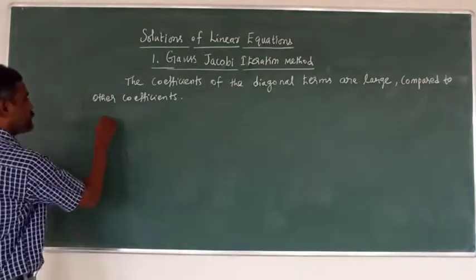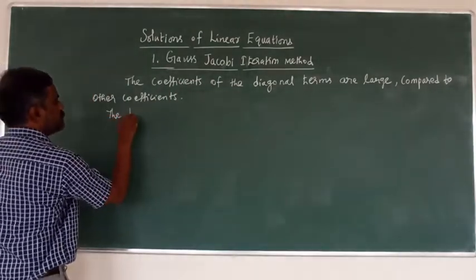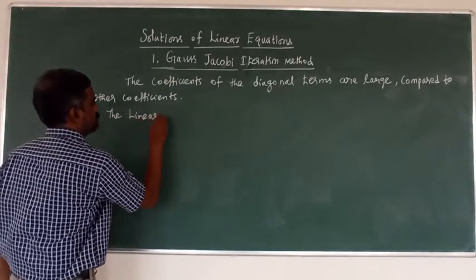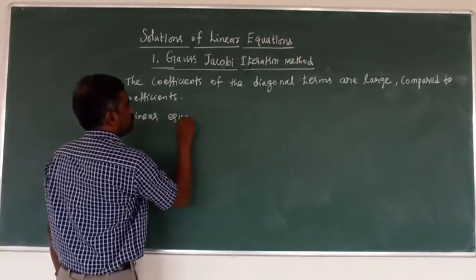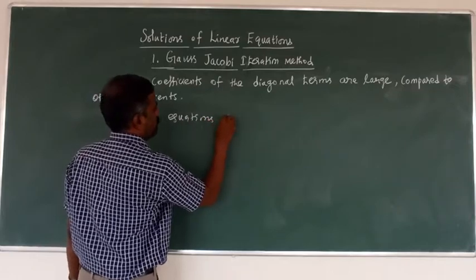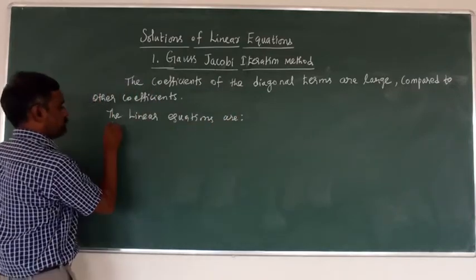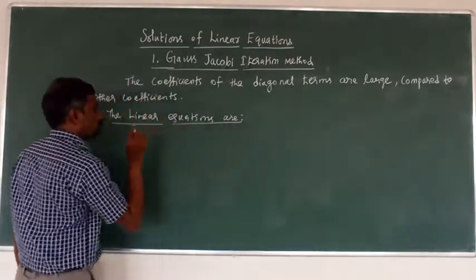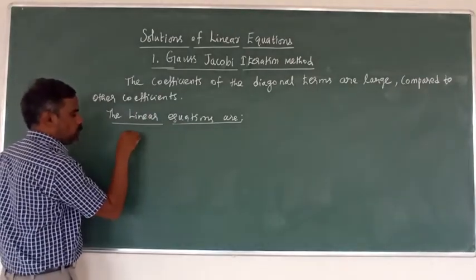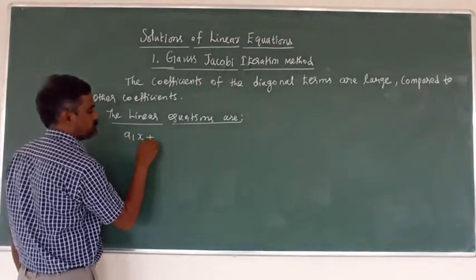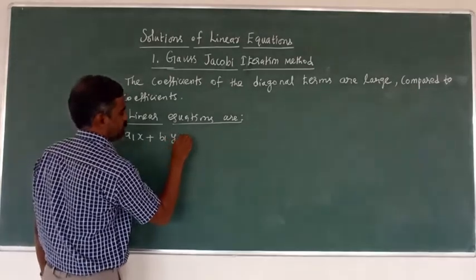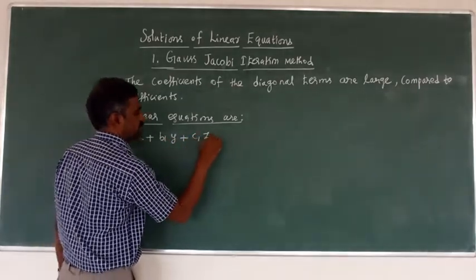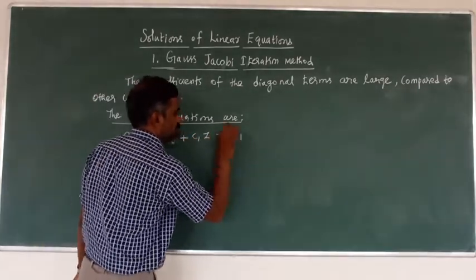Now the linear equations are a1x plus b1y plus c1z equal to d1.